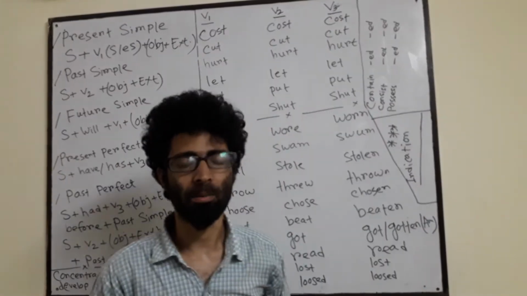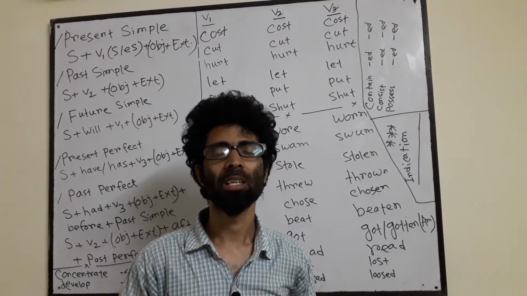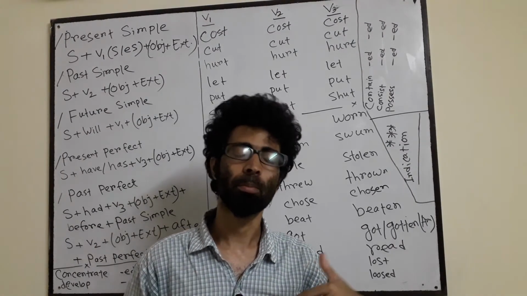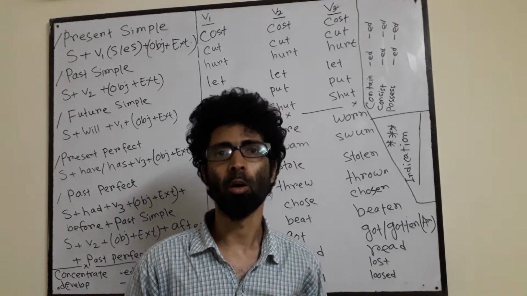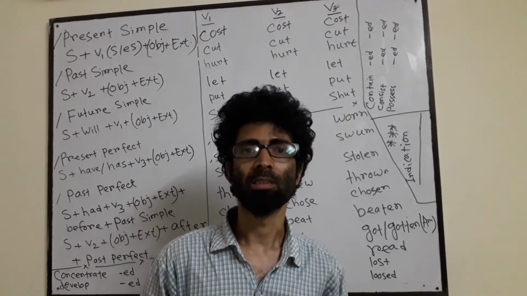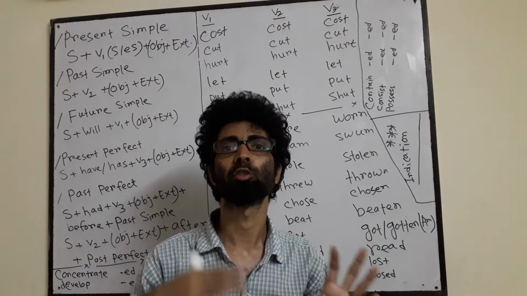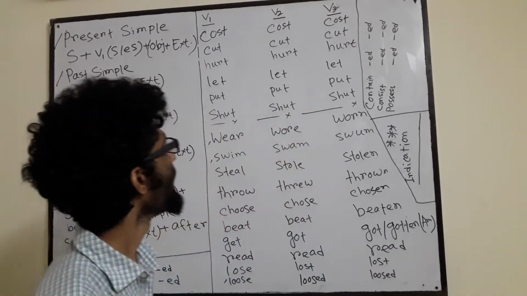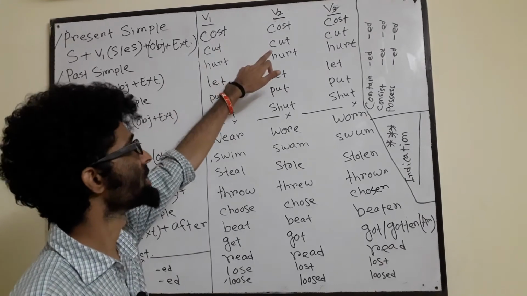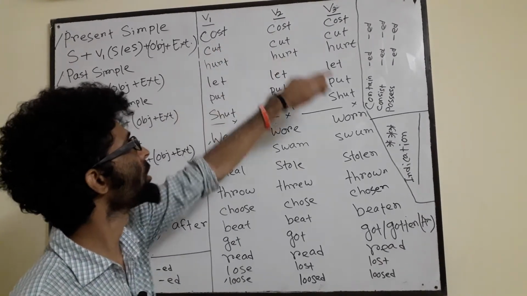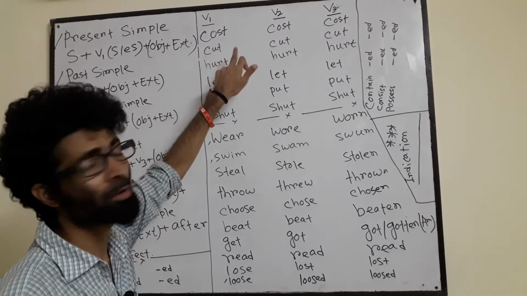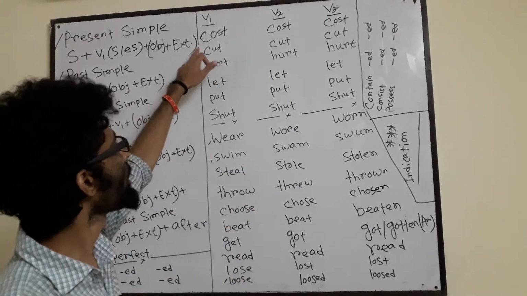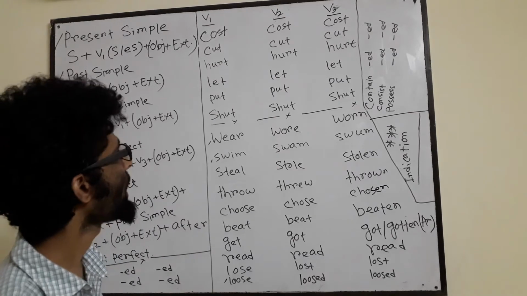Irregular verbs are verbs that don't take d or ed at the end to make the past form or past participle form. Their inner vowels are changed, but here nothing changed. They are also irregular.